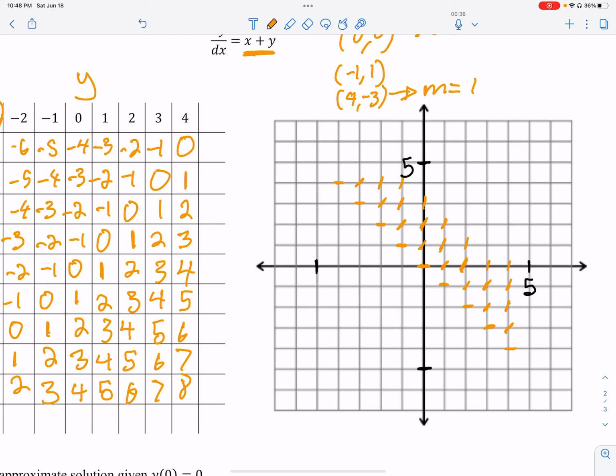Let's go to 4. And then the next diagonal gets steeper. Steeper. And then still getting these diagonals even steeper. As you can tell, it's a bit hard to do. All right, on the other side, we have a negative 1. So we get a bunch of diagonals that look like this.